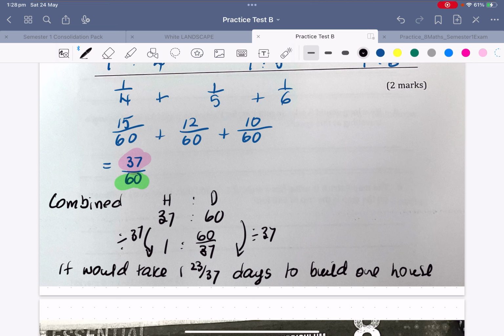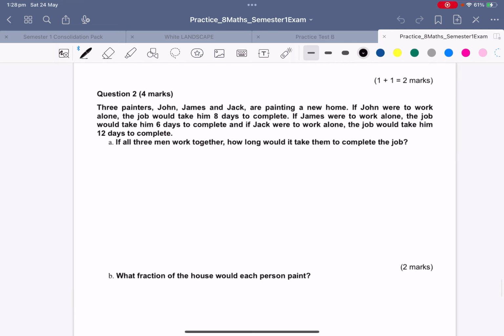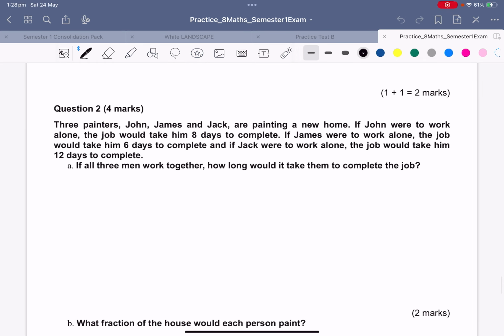Great. So here's another one, very similar. We've got 3 people, we've got 3 different rates. I want you now to have a go by following the steps. And the final answer to this one, I'll give you the answer now, so it doesn't really matter. It came to 2 and 6 over 9, simplified.